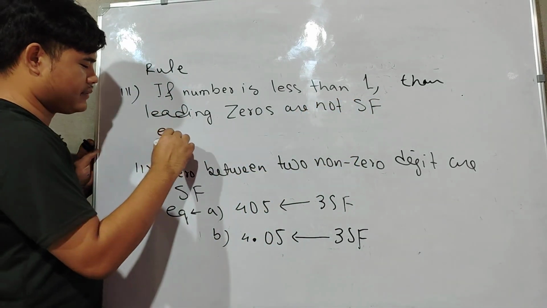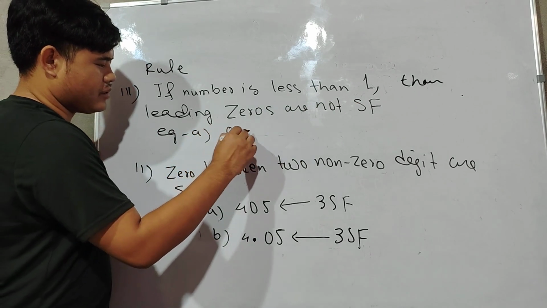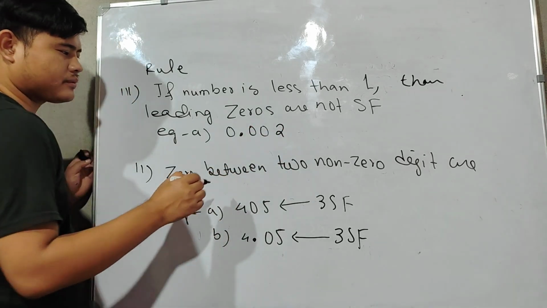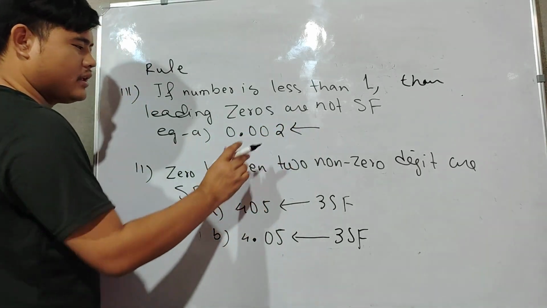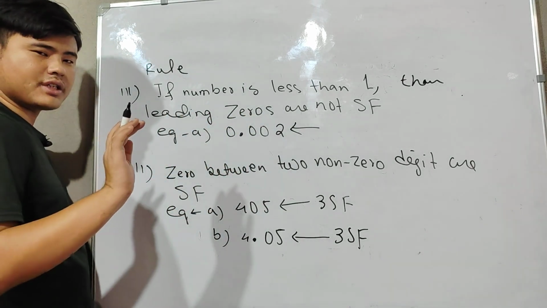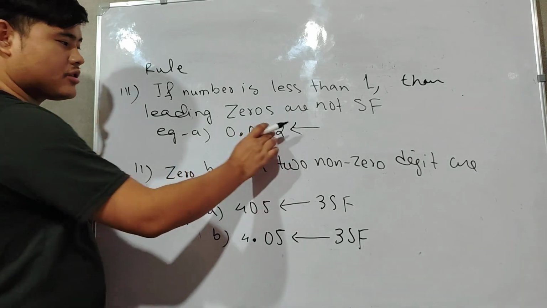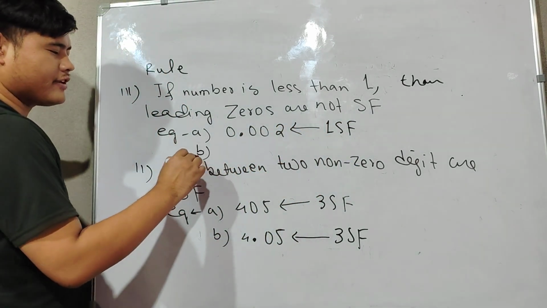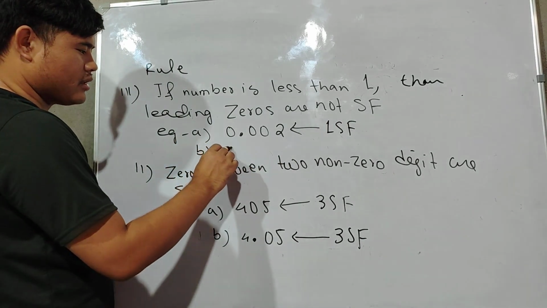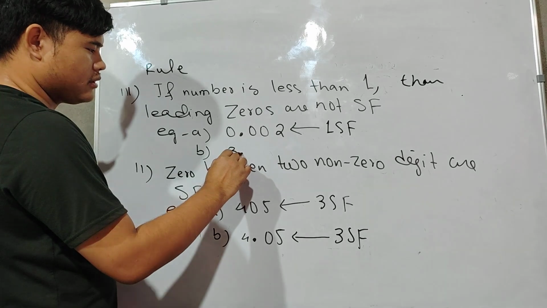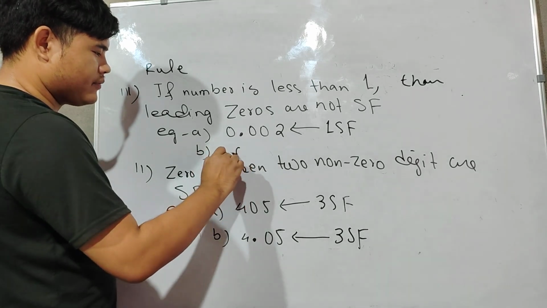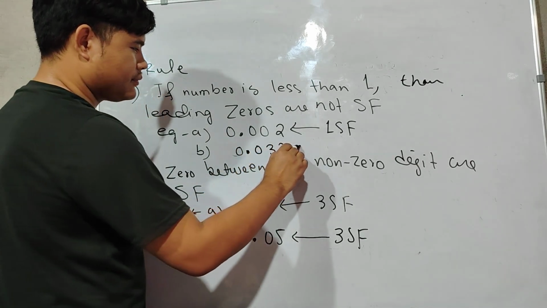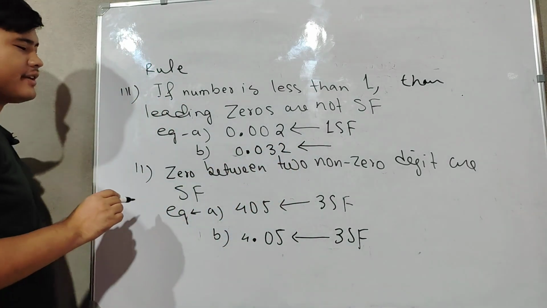Example A, 0.002. Tell me how many significant figures here. These leading zeros are not considered significant figures if the number is less than 1, so only one significant figure. Similarly, if we have 0.032, how many significant figures are here?